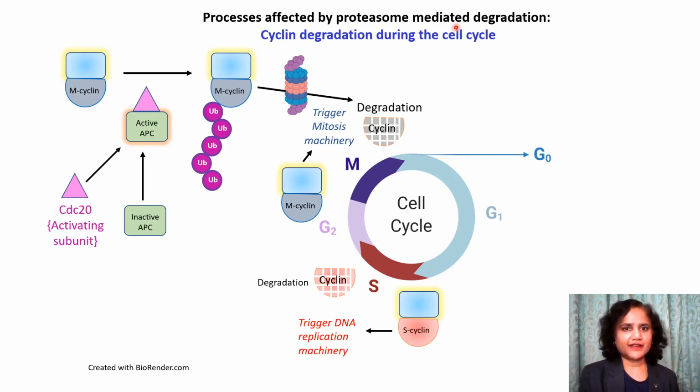Another important target of APC is the M cyclin, which is present in a complex with the mitotic CDK. The activated form of APC polyubiquitinates the M cyclin, and attachment of this polyubiquitin tail to the cyclin targets it for recognition by the proteasome and also for its degradation within the proteasome.